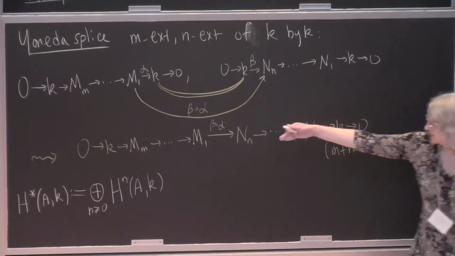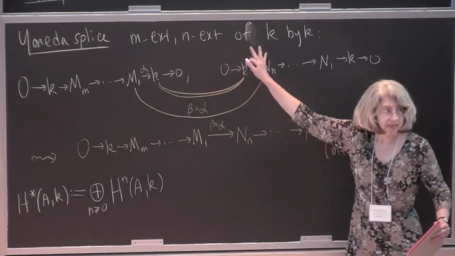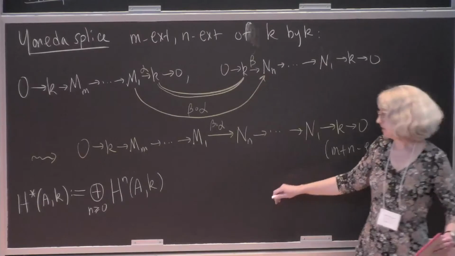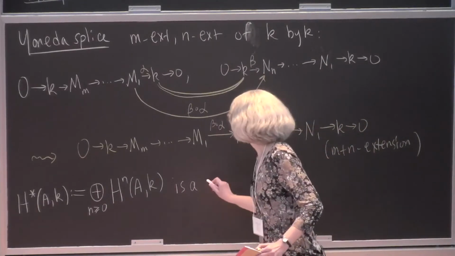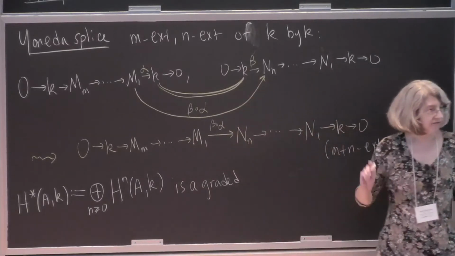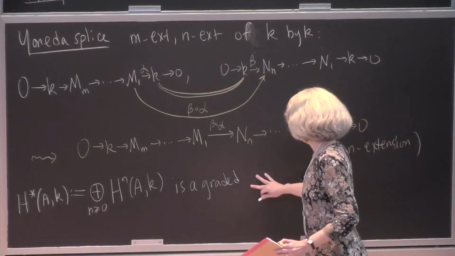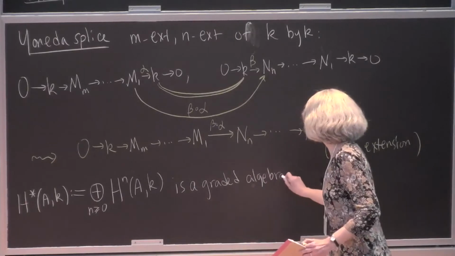If I take something in H^m and something in H^n, those are represented by these types of extensions, and I can splice them together to get something in H^(m+n). So this is graded. Need to check that it's well defined. There's that equivalence relation, but it is. It's a graded algebra under Yoneda product.